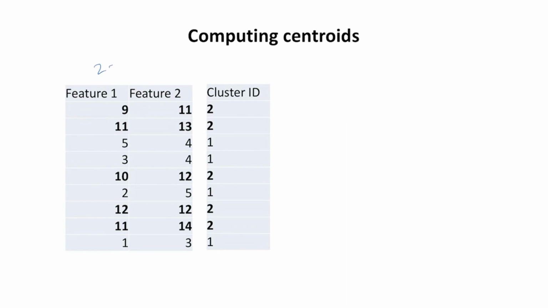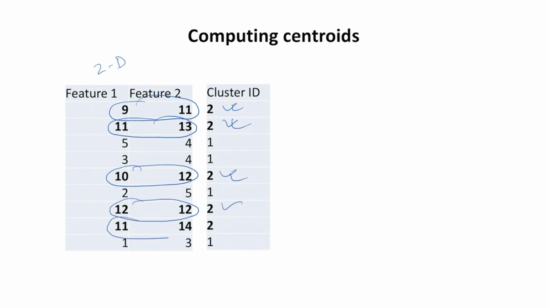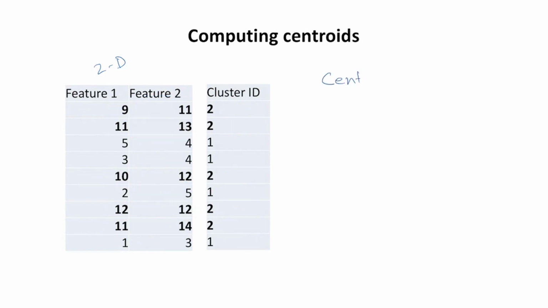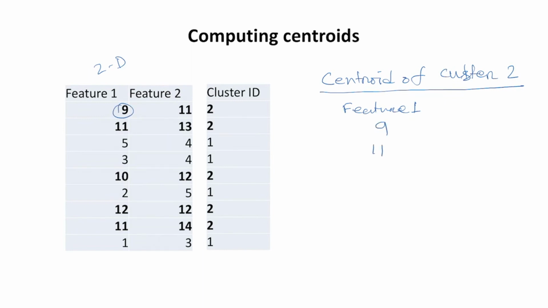Our dataset is a two-dimensional dataset. For now, let's say that this row belongs to cluster 2, this row belongs to cluster 2, this row belongs to cluster 2, this row belongs to cluster 2, as well as this one belongs to cluster 2. We are going to find out the centroid of cluster 2. In the first dimension, which is feature 1, we have 9, then 11, then 10, then 12, then 11.